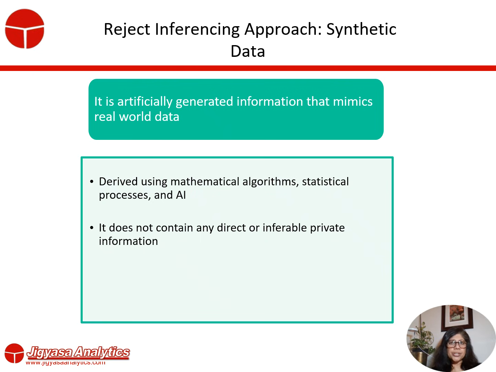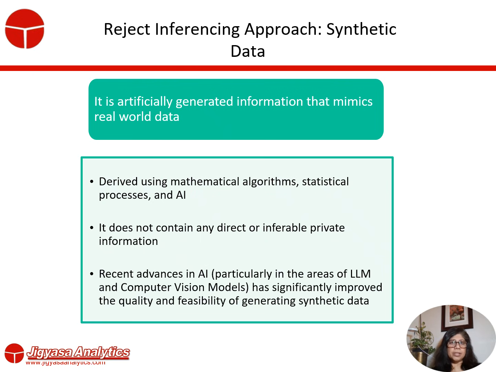Synthetic data generation methods have existed for years. However, recent advances in AI, particularly in the areas of large language models and computer vision models, have significantly improved the quality and feasibility of generating synthetic data.